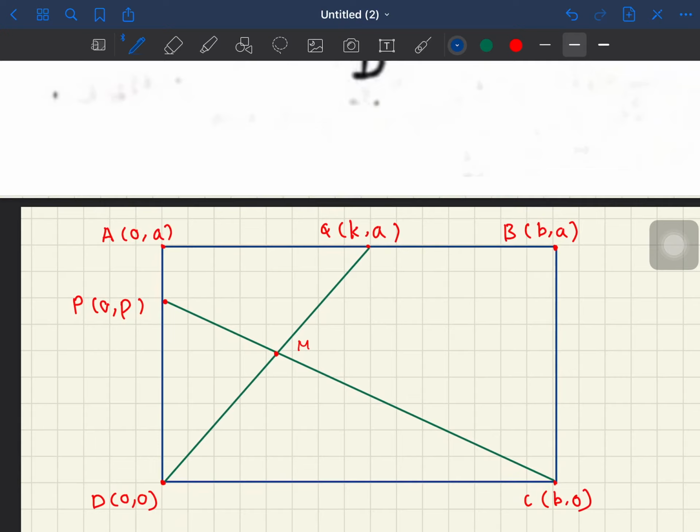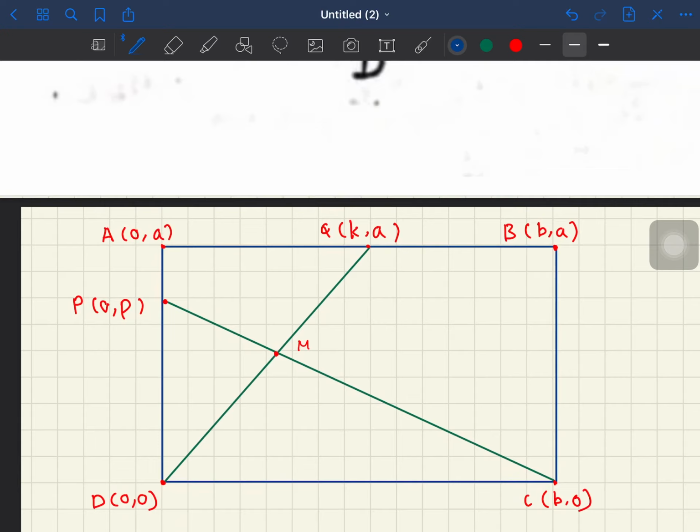For P and Q, you have no idea which letters to use or what relationship you're going to have, but it's okay, just place P at the coordinate (0, p). Remember, it's on the y-axis in this case.